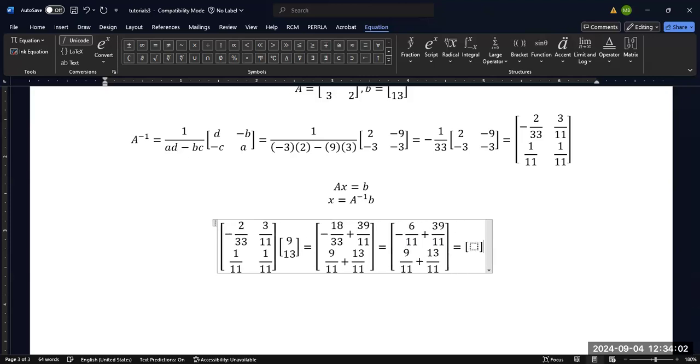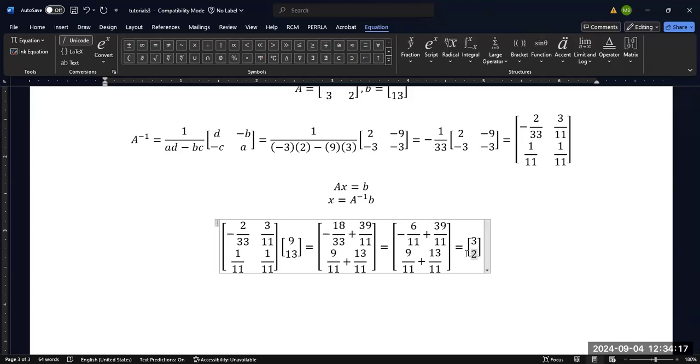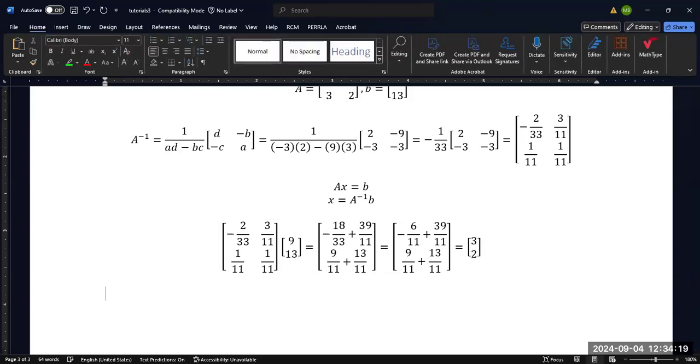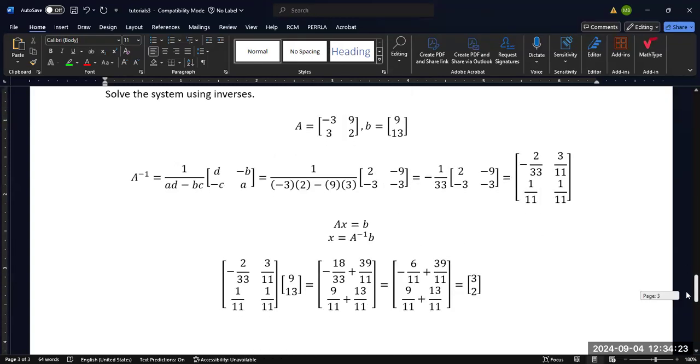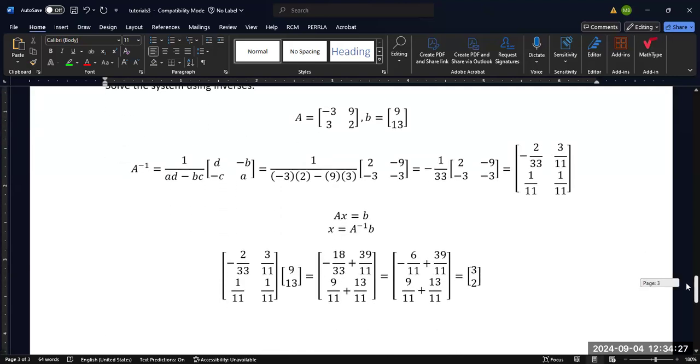And so we're going to end up with 39 minus 6 is 33 over 11 is going to be 3. And then 9 and 13 is going to be 22 over 11 is 2. And so the solution to our system is x is equal to 3 and y is equal to 2.